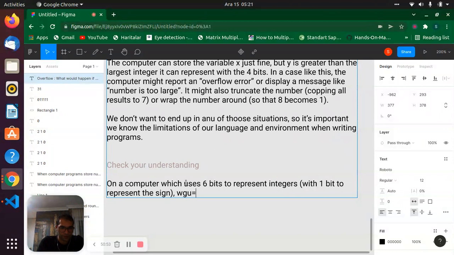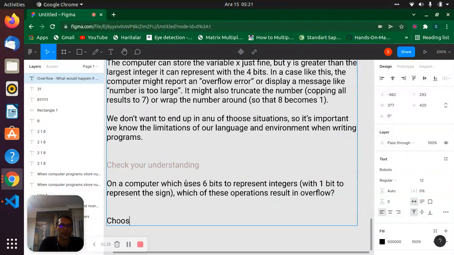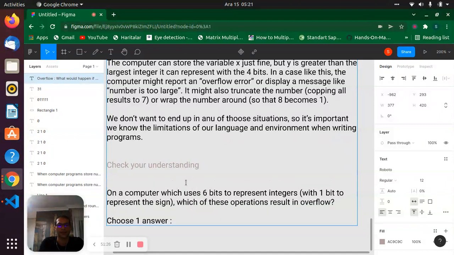Which of these operations results in overflow? This is an amazing question. Now just check what you learned here. Choose one answer here. Maybe I can take it a little down because things are very close.